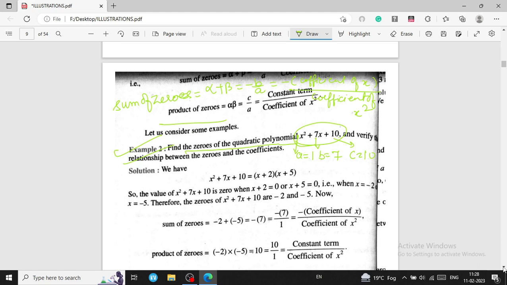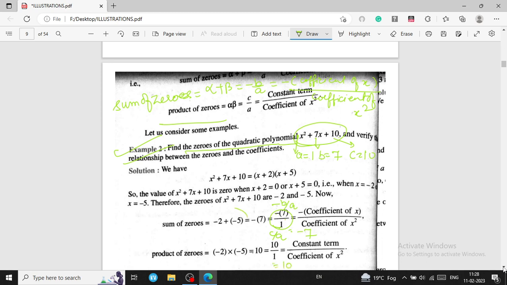You can substitute these values in the formulas, minus b over a and c over a. Minus b is minus 7, over 1, that is minus 7. And c over a, 10 over 1, is equal to 10.